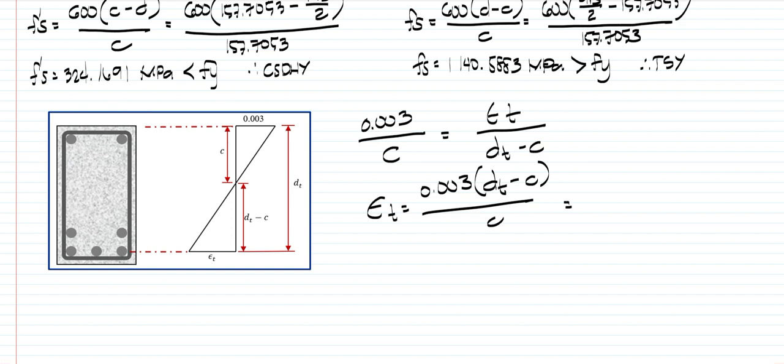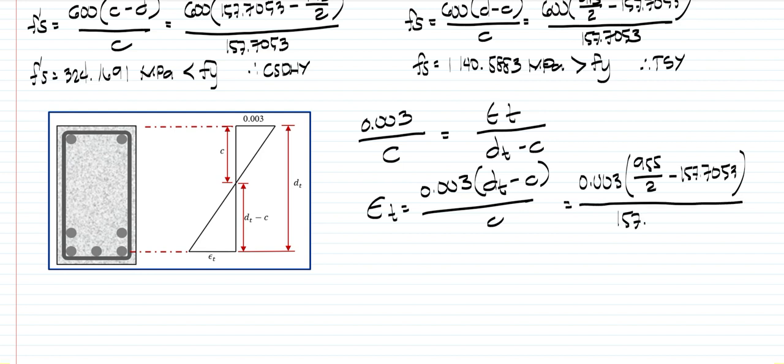That will just be equivalent to 0.003 times the dt which is 955 over 2 minus yung C natin is 157.7053 divided by 157.7053.